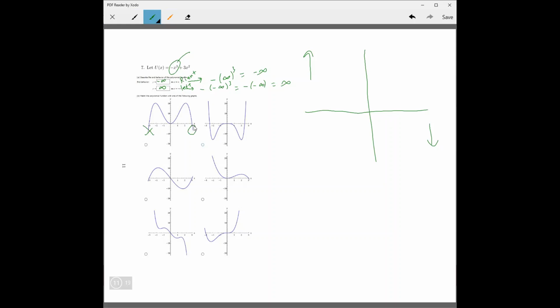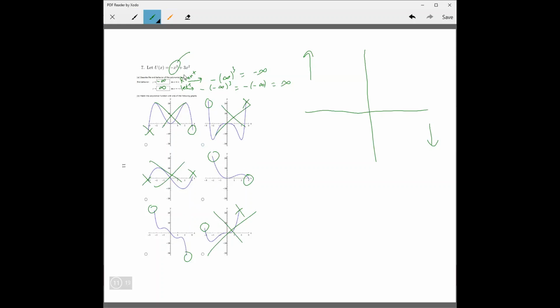Down here, up there. These are not okay. So that means we throw all these out, and it comes down to these two right here.